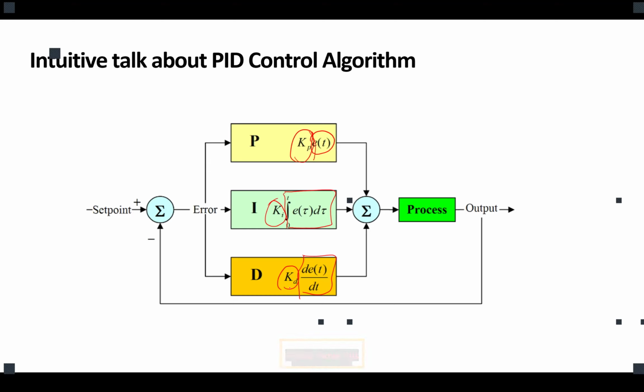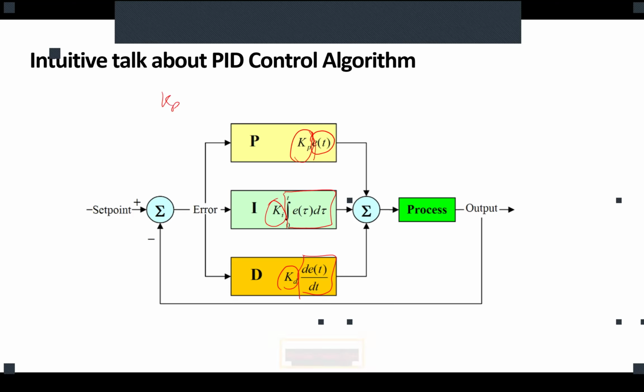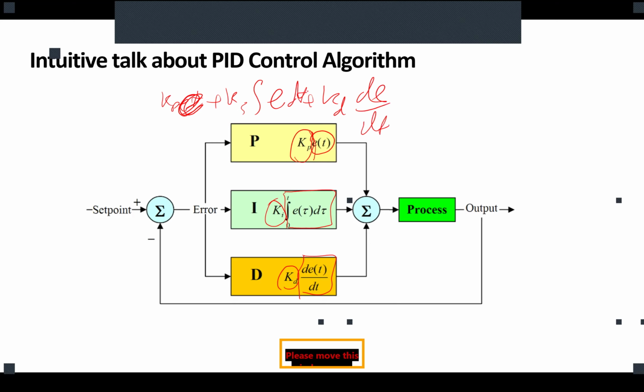In the formula, we have Kp E plus, I factorize the dt, Ki integral of E plus Kd derivative of E, and it should be equal to something. Now, look at this.